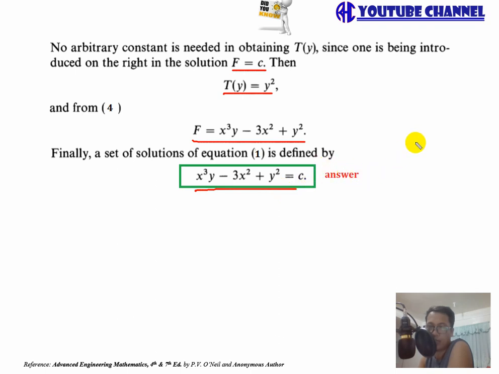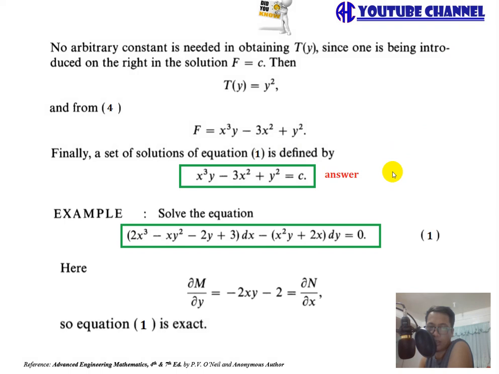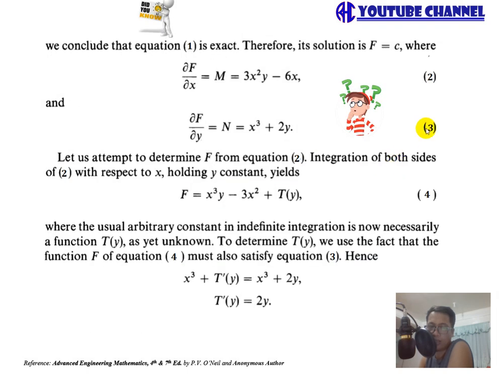So, from this, balik tayo rito. So, from this given equation, substitute lang natin yan sa y squared, kasi ito yung value ng t of y natin. So, therefore, yung f na yan, equate natin yan into c, constant.